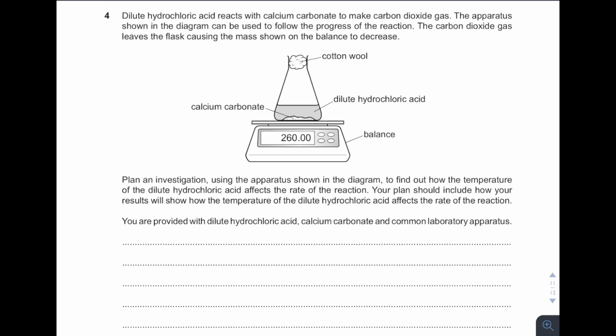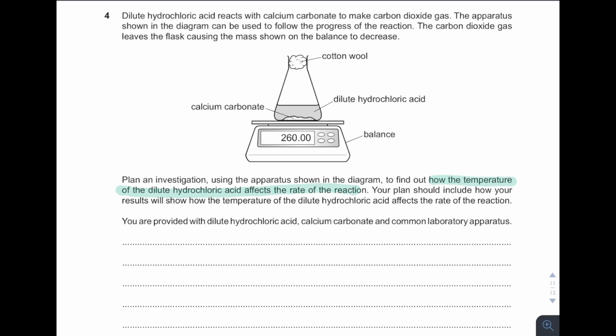Planning experiment. Hydrochloric acid reacts with calcium carbonate to make carbon dioxide gas. The apparatus shown in the diagrams can be used to follow the progress of the reaction. The carbon dioxide gas leaves the flask, causing the mass shown on the balance to decrease. Plan an investigation using the apparatus in the diagrams to show how the temperature of the acid affects the rate of reaction.